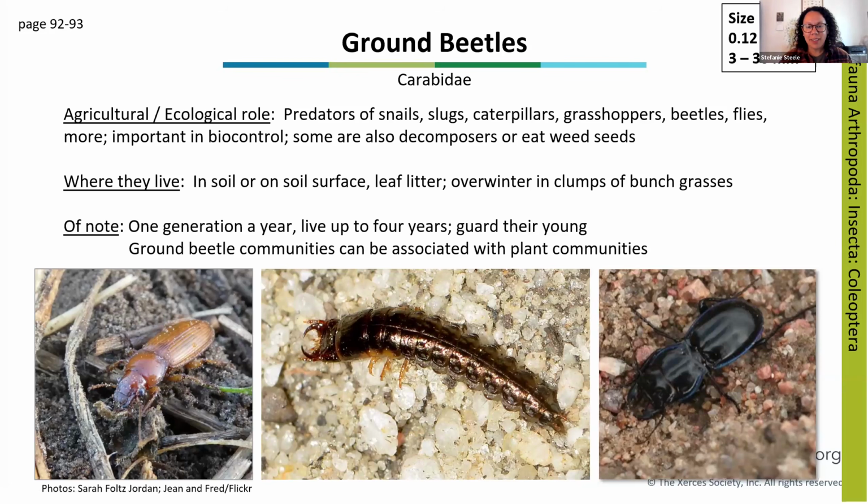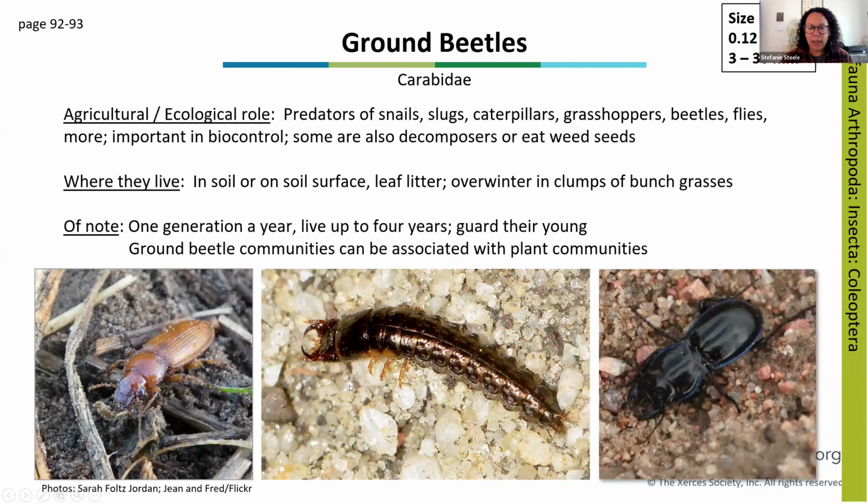Most of these beetles are nocturnal, and so they're mostly feeding at night. Both the adults and the larvae are predators. Also notice the sickle-like jaws on the larvae.